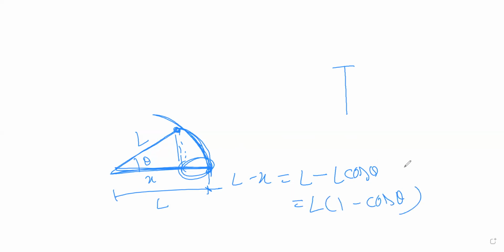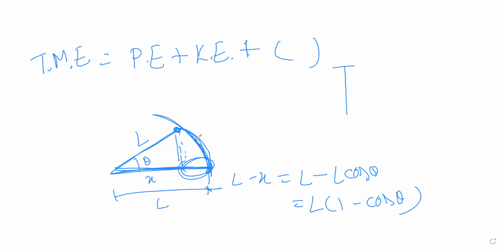Okay. And one more thing: total mechanical energy is potential energy plus kinetic energy, or kinetic energy plus potential energy, both are the same. If there is some thermal energy or another form of energy, that means there is some loss. Suppose we are using a friction surface, so there is a frictional loss.